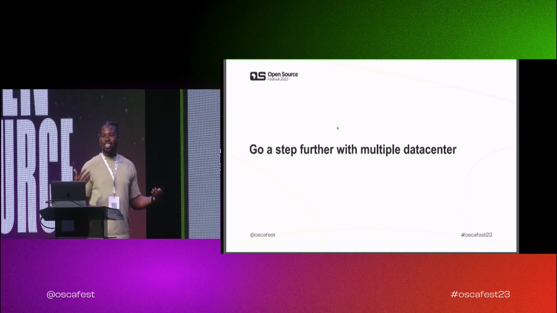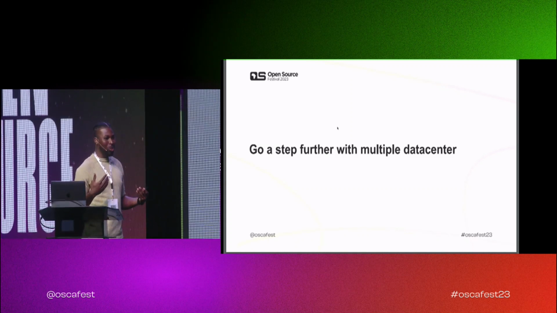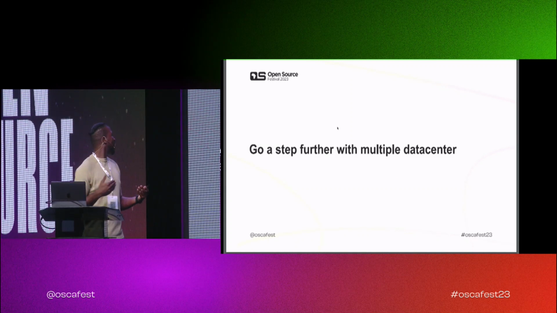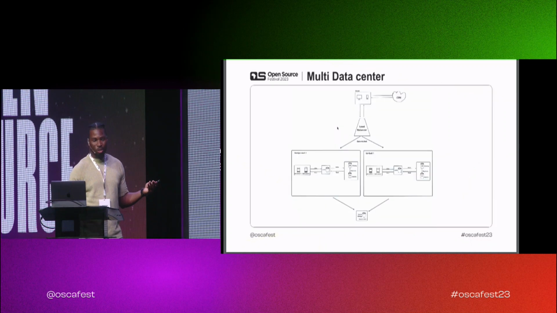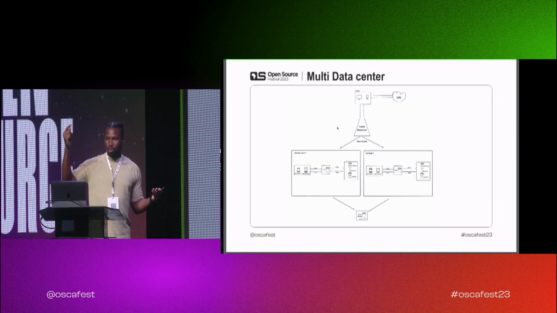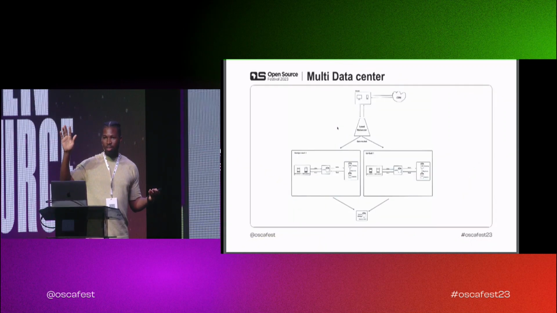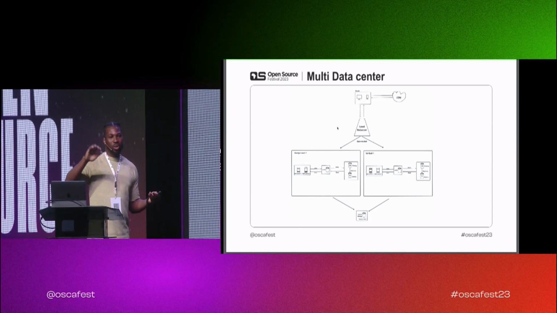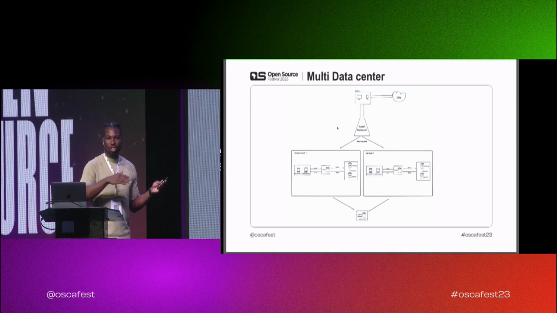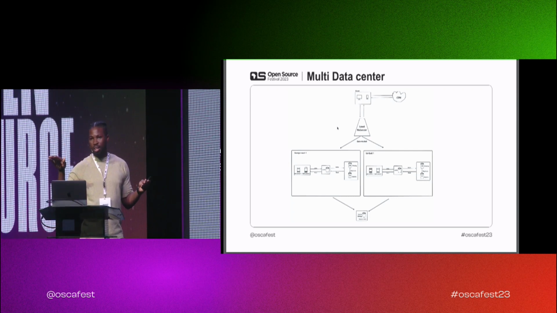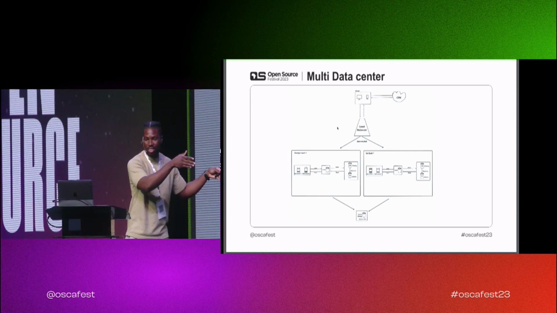Now, if you want to make things complicated, or you want to be very, very resilient, you can do what is called multiple data center setup. I don't know if you have heard about US East 1 going down. DevOps guys, US East 1 is a very popular data center. Once there's an issue, lots of apps stop working because they deploy in that data center.